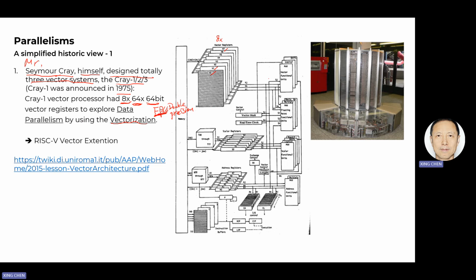That means you need lots of data, and you process the data in parallel to deliver performance to the industry. For that reason, we have 8 vector registers, each one is 64 times 64 bits, and each 64 bits is a floating point.